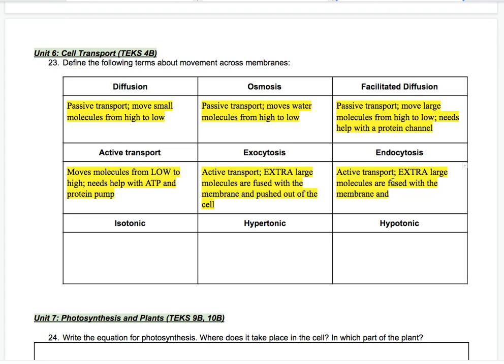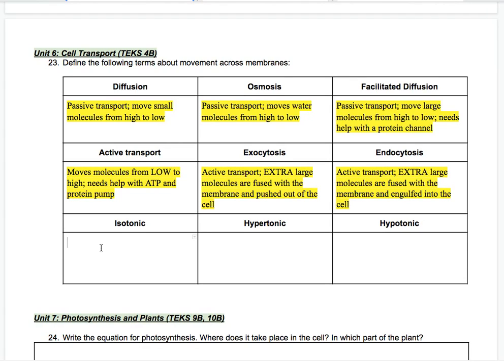They're not pushed out, they're engulfed. Again, with both of these, exo and endocytosis, the molecules are very large. They can't fit through a protein channel or a protein pump, and they can't fit through the lipids of the cell membrane. So they're going to need their own membrane to help them get across.